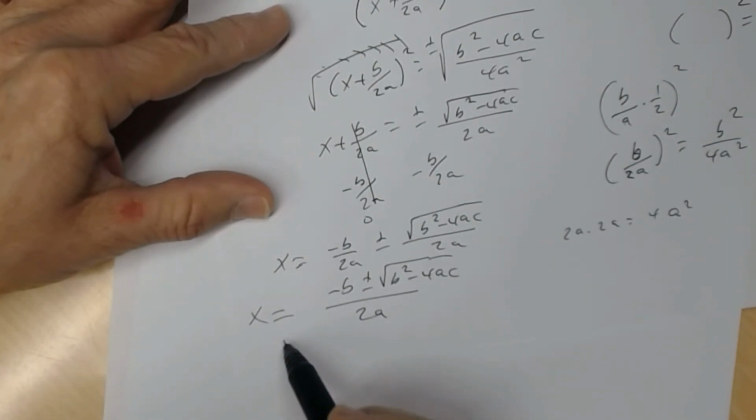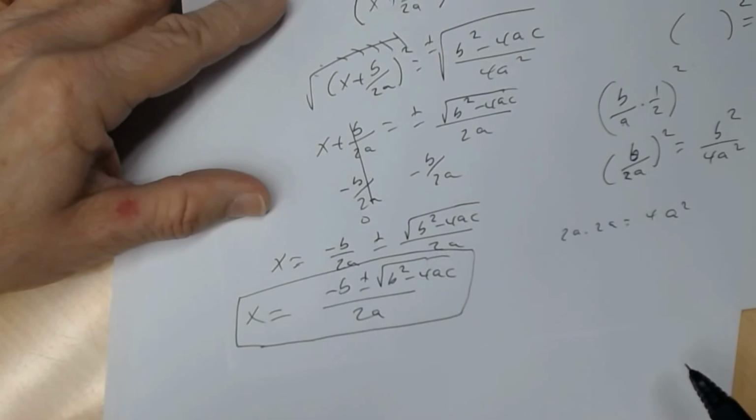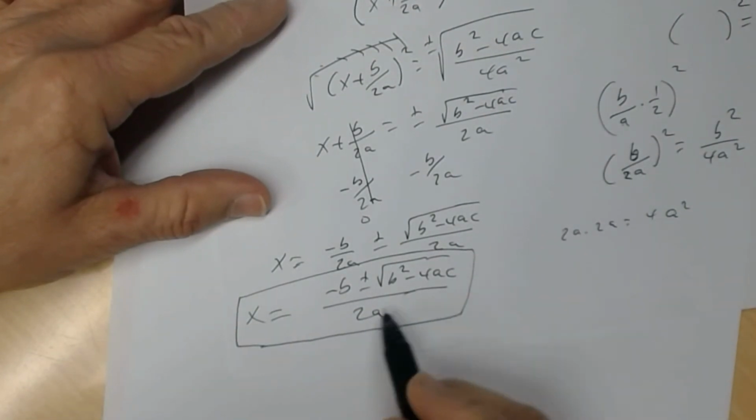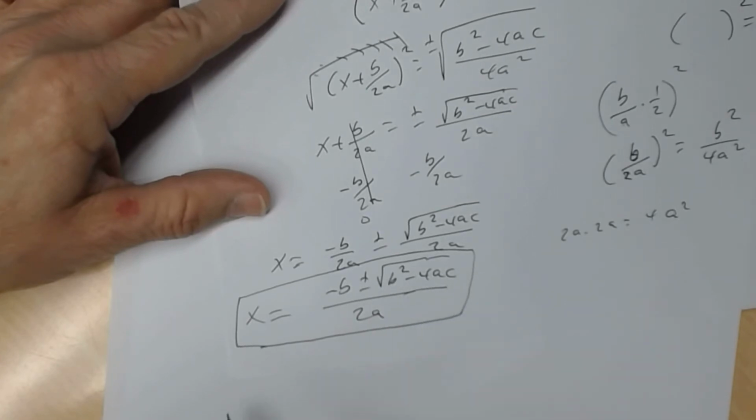And notice that this right here is the quadratic formula. Remember, the quadratic formula is the opposite of b plus or minus the square root of b squared minus 4ac all over 2a.